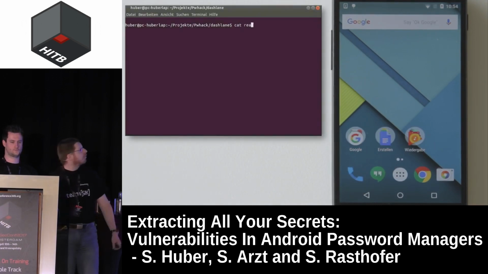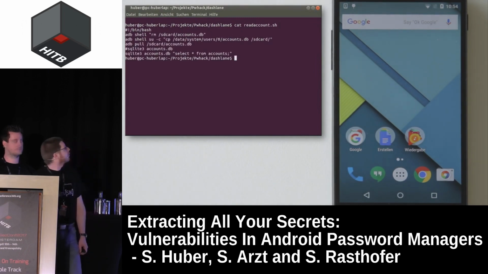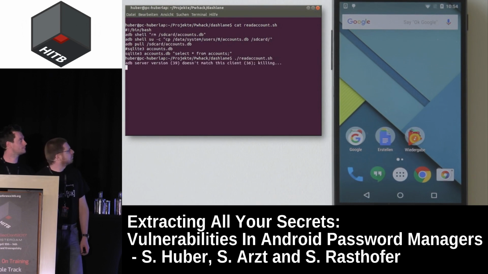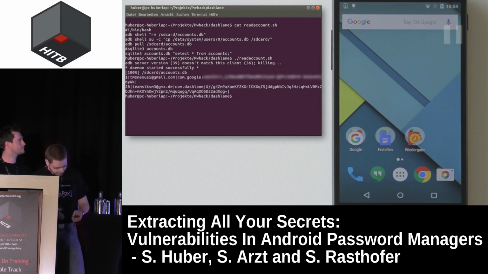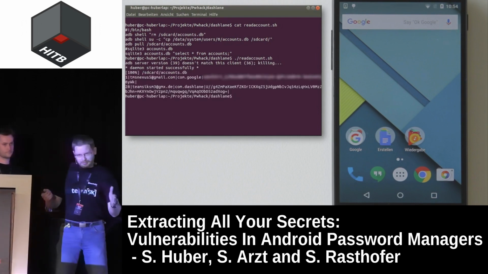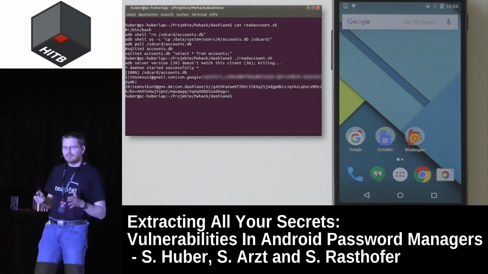Okay, now you see in this corner a short script which is accessing this central database I already mentioned. A few explanations. As I mentioned, the attack is working without root.